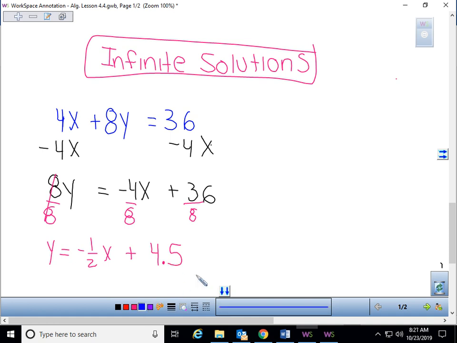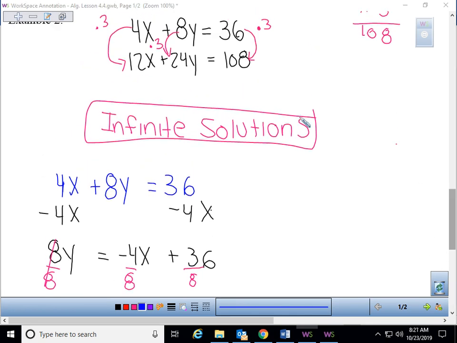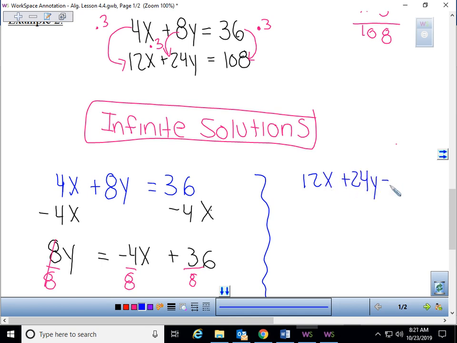So another way we can figure this out is, is this equation that is now in y equals mx plus b going to be the same exact thing as this bottom equation? Well, let's figure that out. We have 12x plus 24y equals 108.